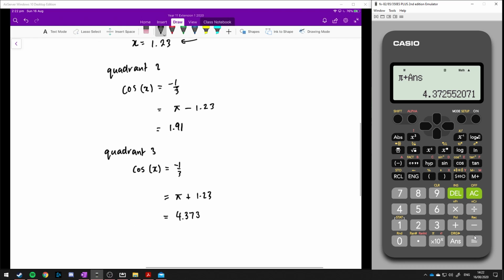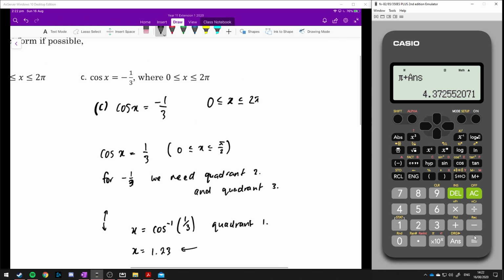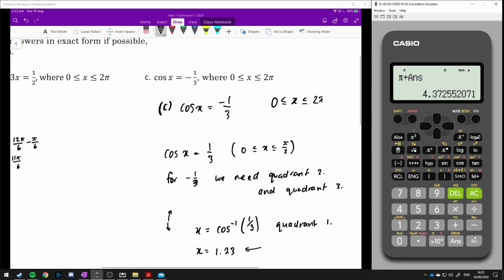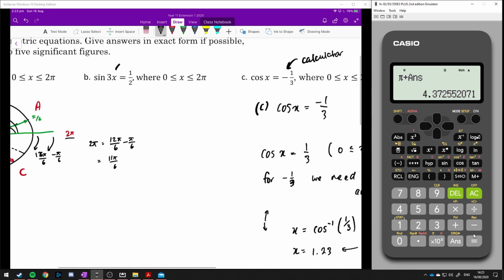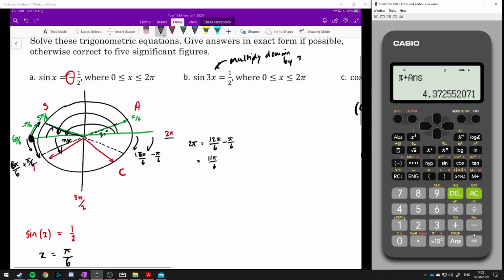That's how we do those ones, which are a little bit trickier. For this one, the trick is the calculator, because we don't know the exact values. Multiply the domain by 3, and if there's a fraction there, you just divide by that. And this one is exact values.